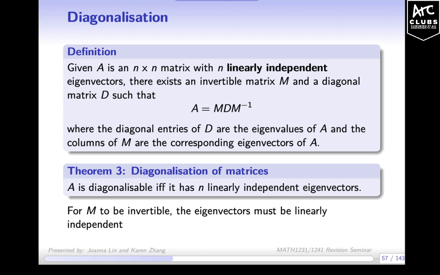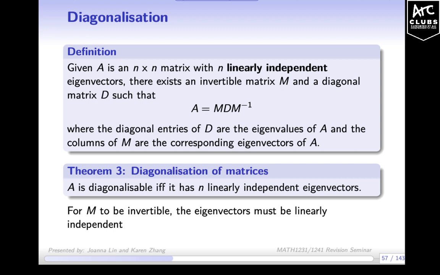Okay, and this brings me on to theorem 3, which is diagonalization of matrices. A is diagonalizable if and only if it has n linearly independent eigenvectors. Again, the proof is in your notes, but the main point that I want to address is that if your eigenvectors are linearly independent, that means the columns of M must be linearly independent.